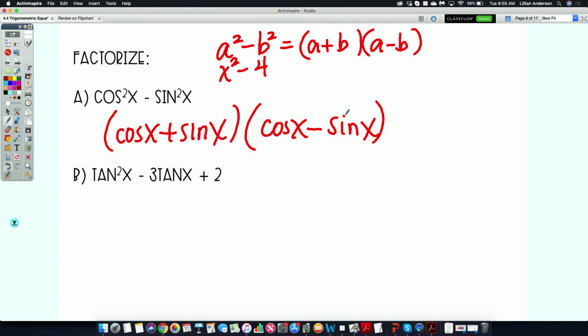This one's one of the quadratics, such as a squared minus 3a plus 2. If you can factor this, you'll be able to factor the tangent one. How do I factor something like this? To factor, not to solve.